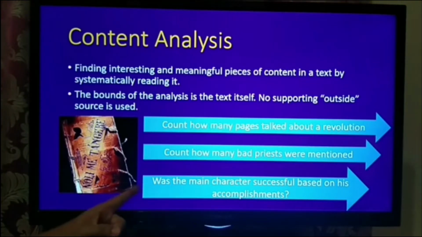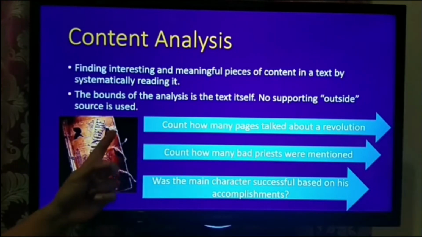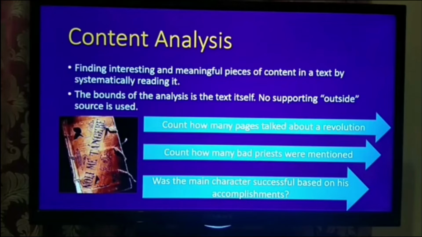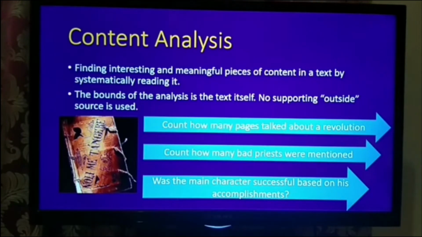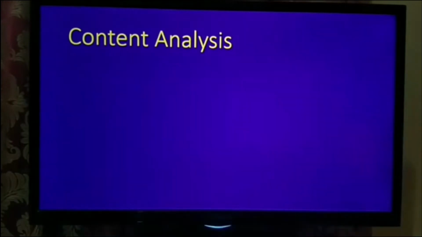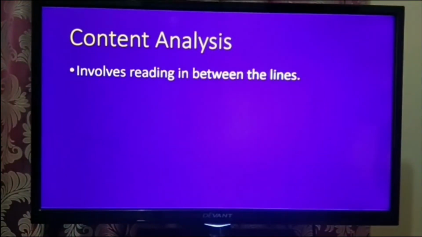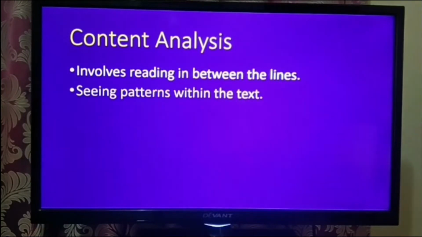And as you notice, the arrows are radiating from the document. A while ago, in contextual analysis, the arrows are pointing towards the document. But now, they are radiating away. So that means we are deducing. We are trying to squeeze out some facts or historical truths about the time based on our document. So in content analysis, again, it involves reading between the lines. It involves seeing patterns within the text.